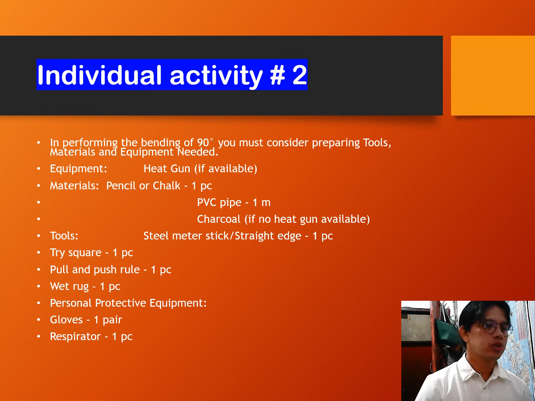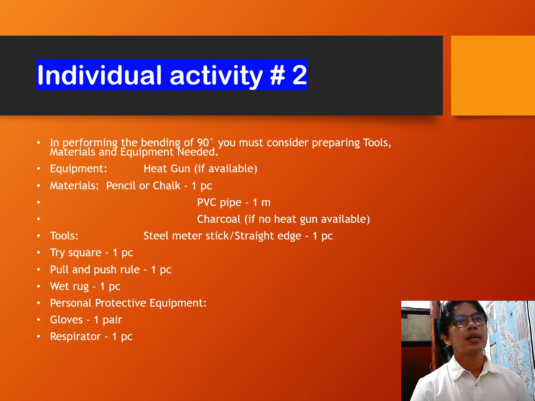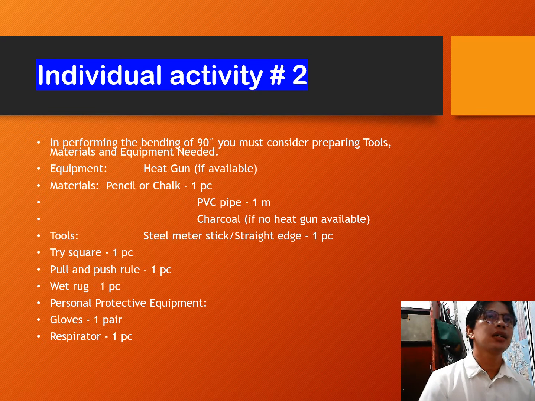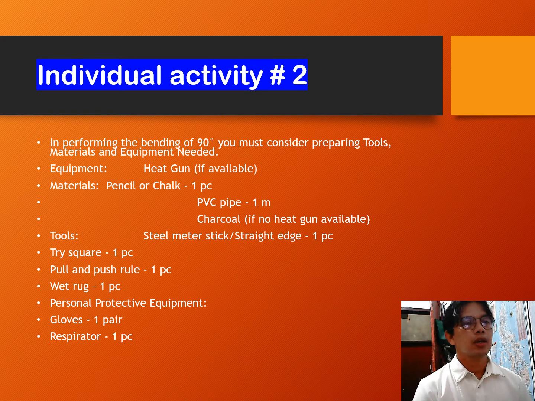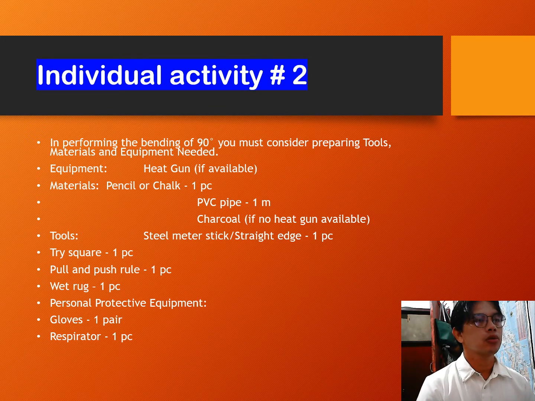The tools are a tri-square, one-piece pole and post roll, steel tip, one-piece wheat rag, and personal protective equipment, of course: the gloves and respirator, because PVC also has chemical substances that we have to prevent from being inhaled. It may cause asthma if you have asthma.